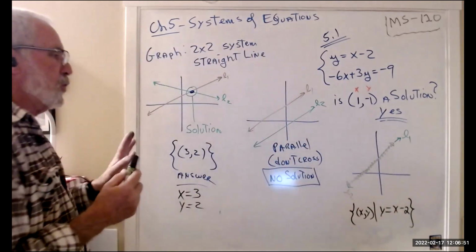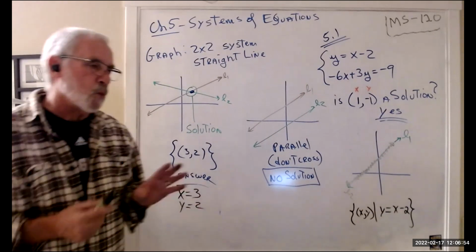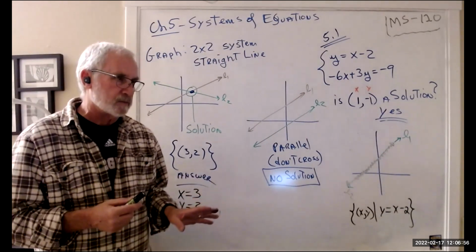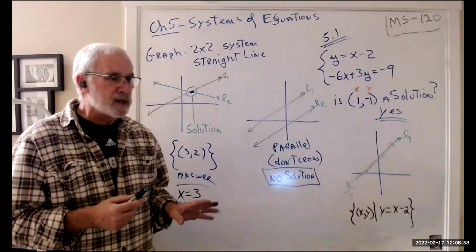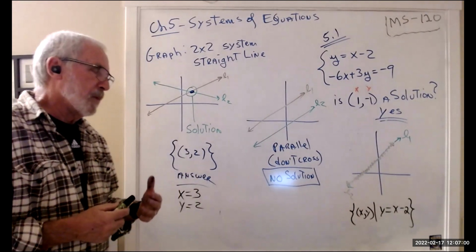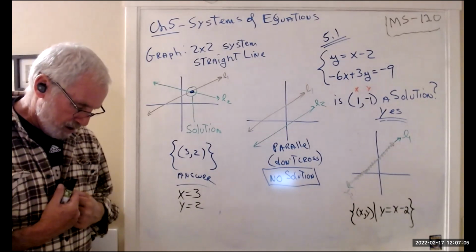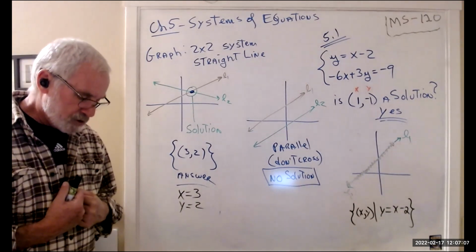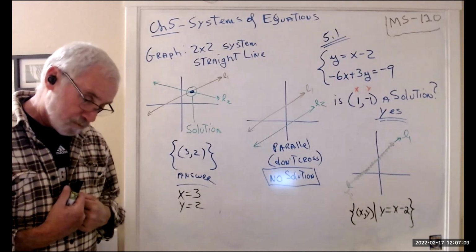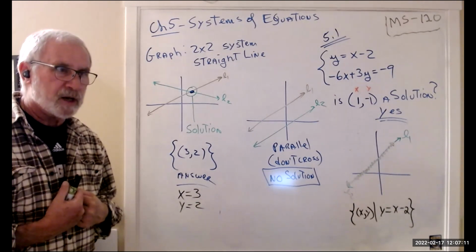Okay, so those are the three possibilities when you're graphing. Now, in a few minutes, okay, how can I put this kindly? Most of us suck at graphing. That's as kind as I can put it.